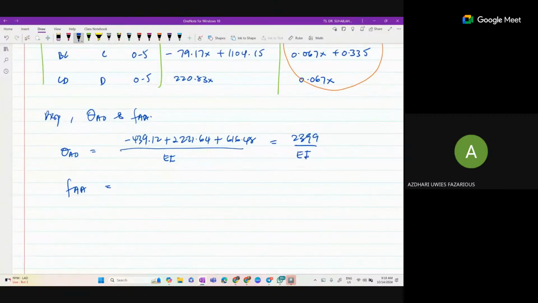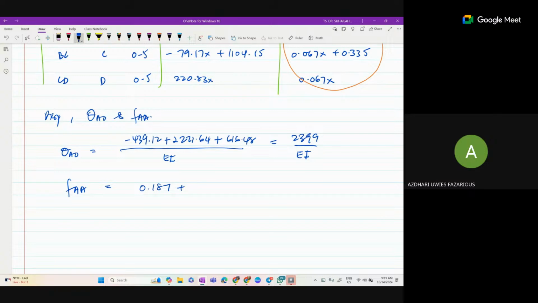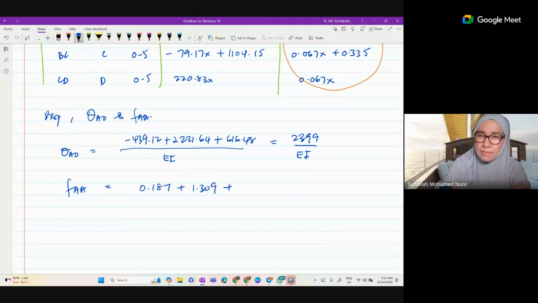0.187. The second one. 1.309. The third one.